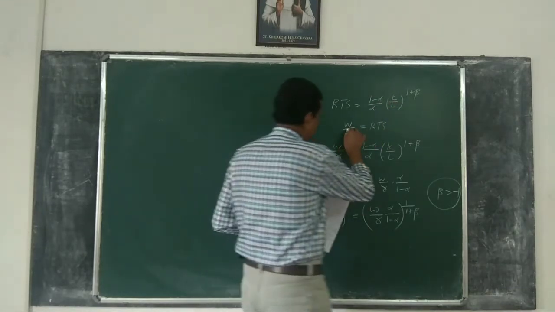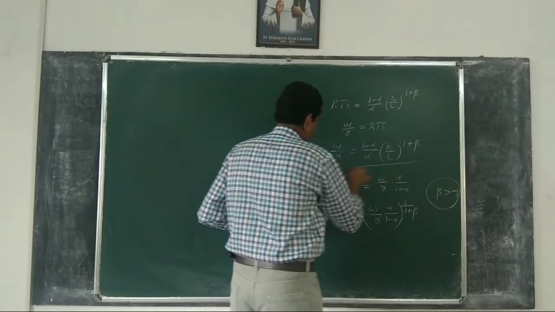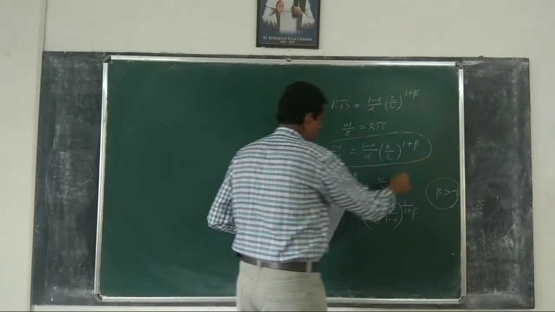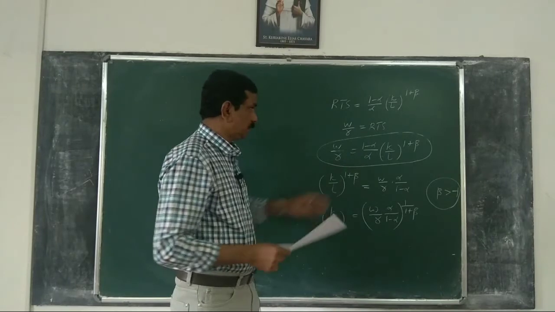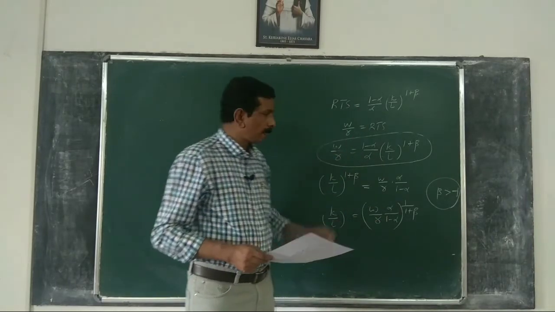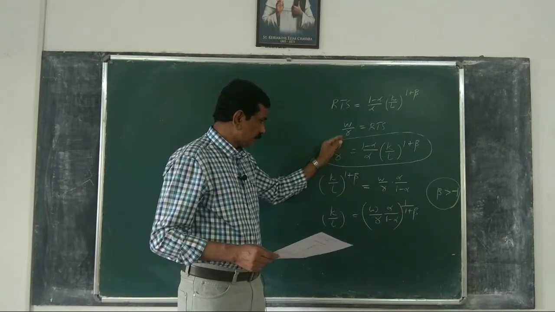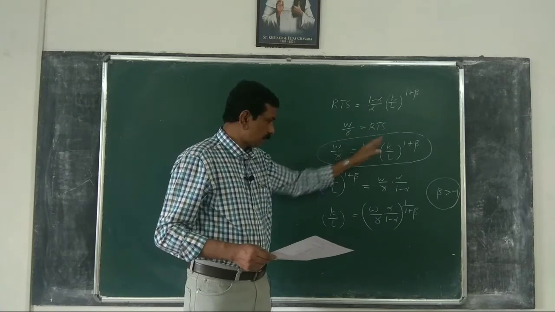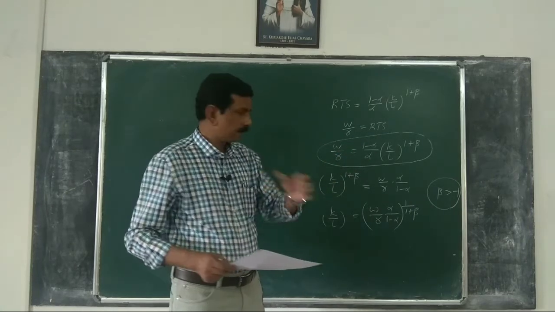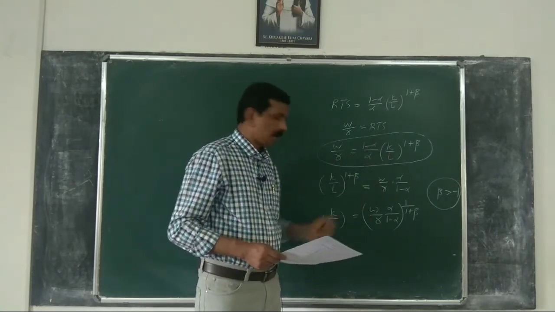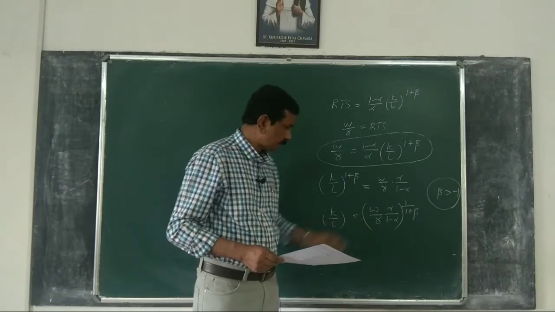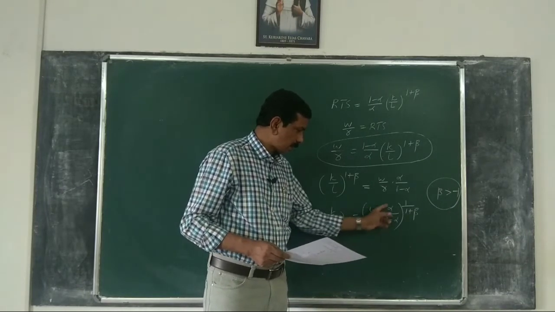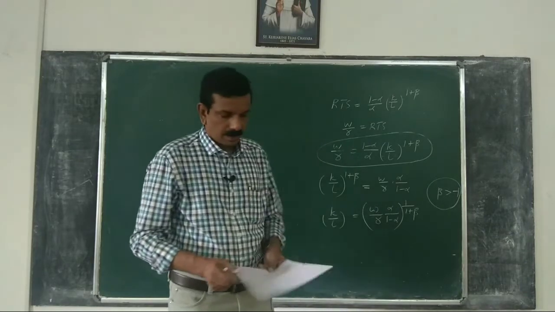If you formulate the Lagrange function with the CES production function and differentiate, you will get W by R is equal to this. I directly write it because we know what RTS is. So K by L is equal to W by R into alpha by 1 minus alpha.